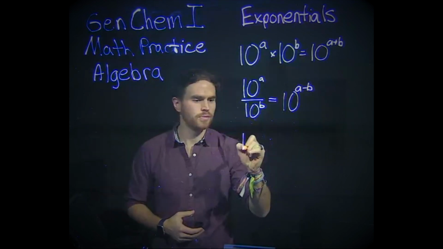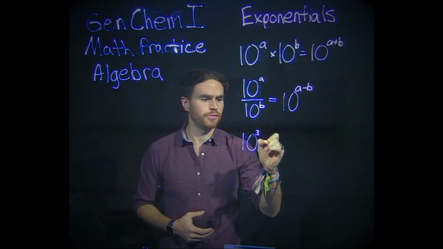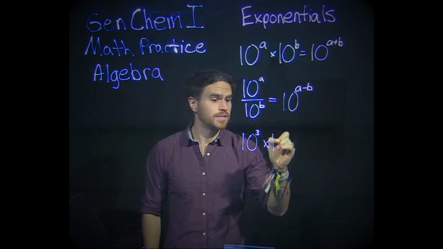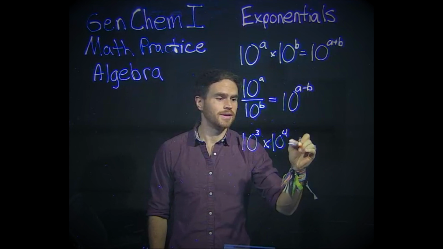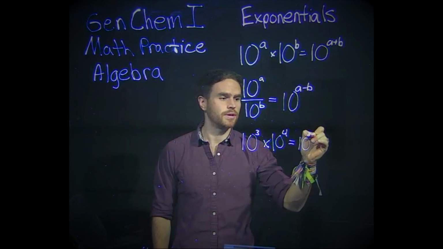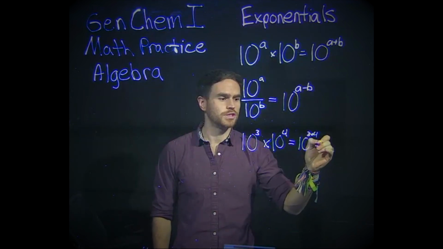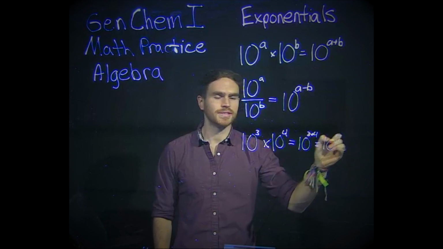Now let's see what that looks like with real numbers. For example, 10 to the third times 10 to the fourth is the same thing as 10 to the 3 plus 4, which is 10 to the 7.